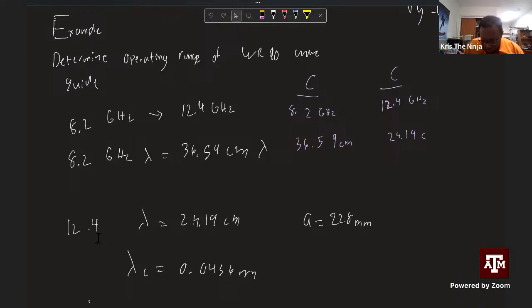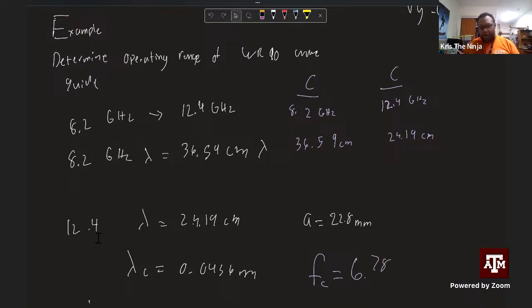And then we can find the guide wavelength from this equation. Our cutoff frequency for this was, I think, 6.78 gigahertz.